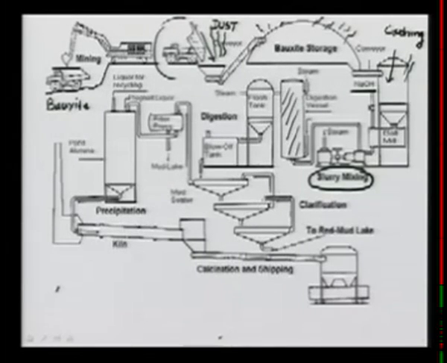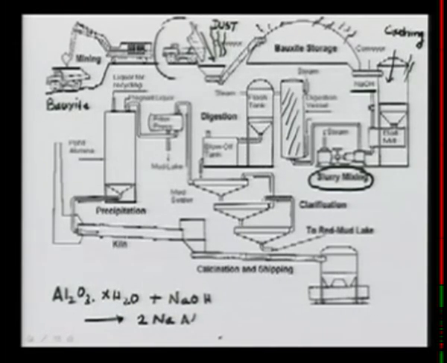Al2O3·xH2O reacts with NaOH, as I made the slurry with NaOH, and what it gives in the dissolved form is sodium aluminate, 2NaAlO2, plus the water that will be taken out from there, so (1+x) H2O.